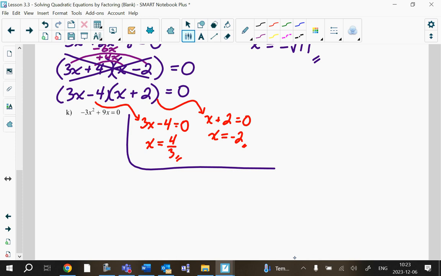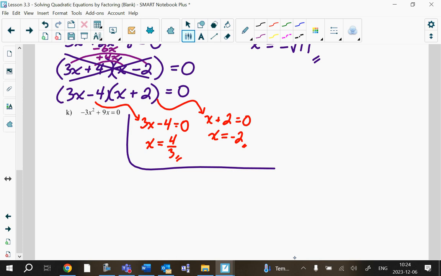What's different about this one than the others? Well, we don't have to move anything, but we have to start factoring. The question is, how do we factor it? What's throwing you off here? This is throwing you off.